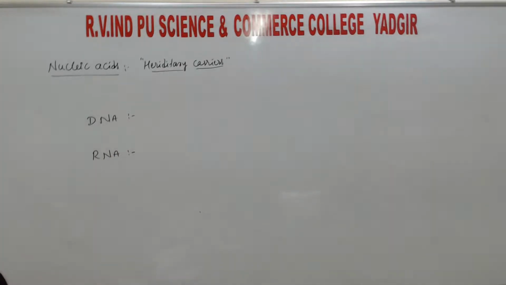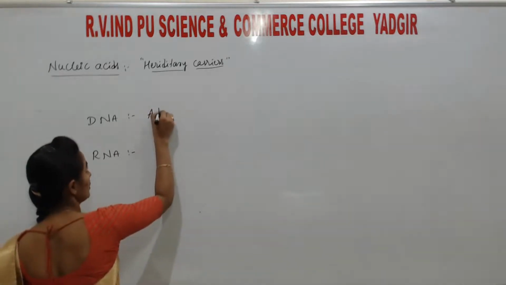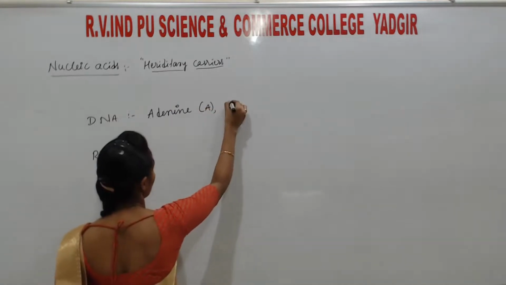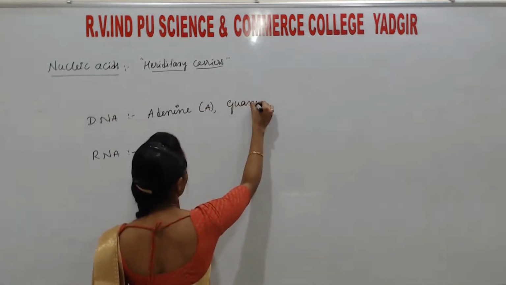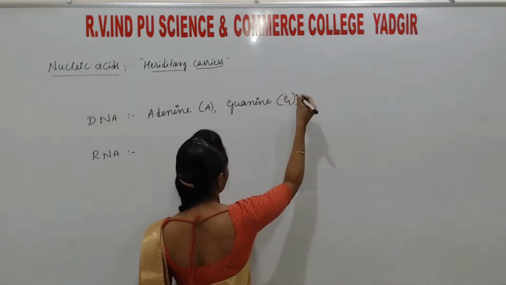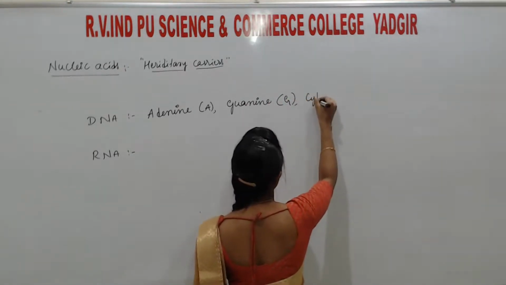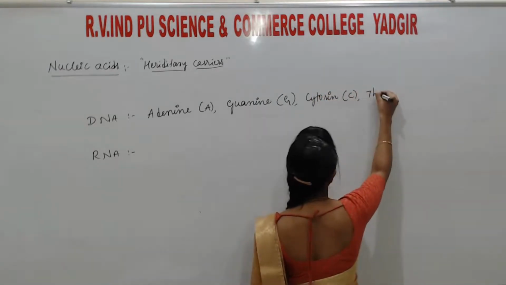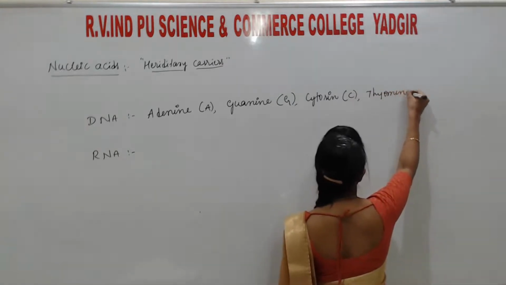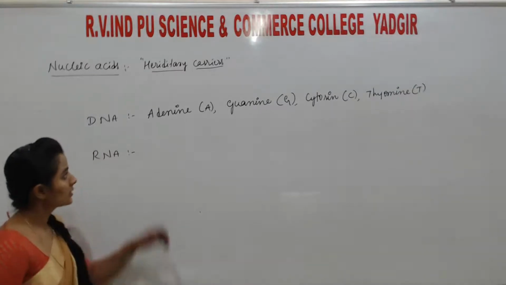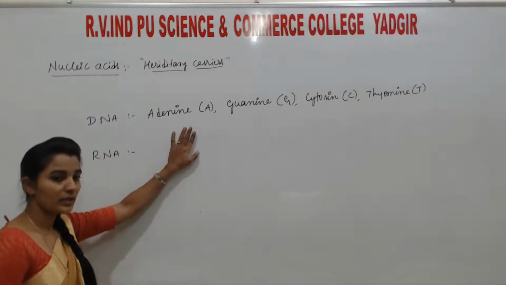The nitrogen bases present in DNA are adenine, represented by capital A, guanine, represented by capital G, cytosine, represented by C, and thymine, represented by capital T. Okay, these are the nitrogen bases present in DNA.